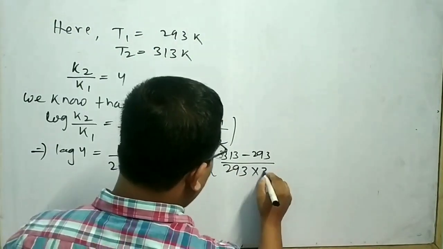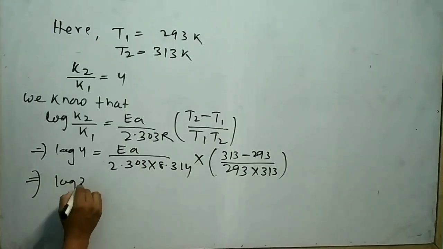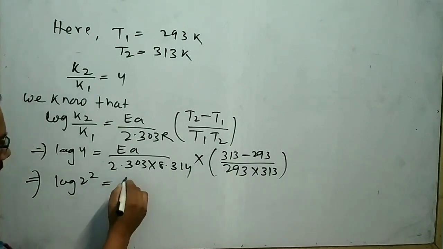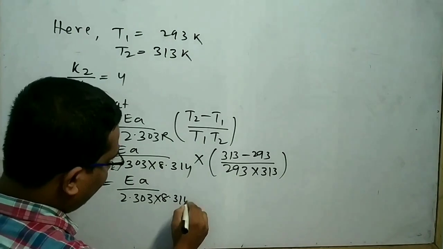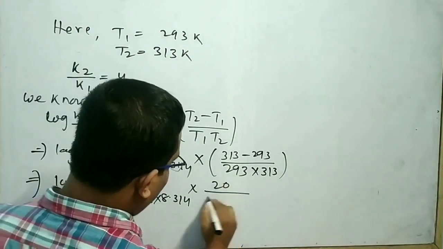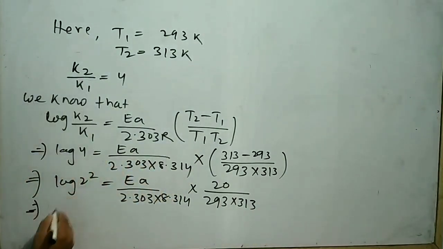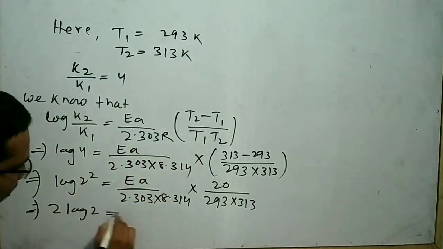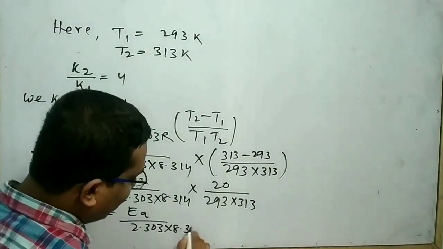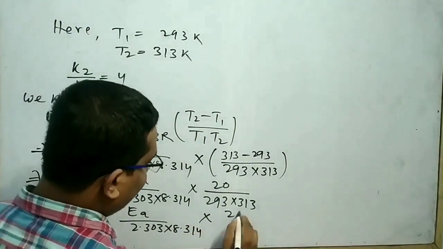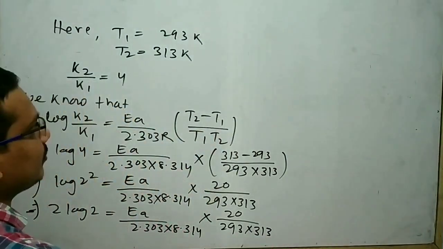293 into 313. Next I can write log 2 square is equal to Ea by 2.303 into 8.314 into 20 divided by 293 into 313. This implies that we can write 2 log 2 equal to Ea divided by 2.303 into 8.314 into 20 divided by 293 into 313.